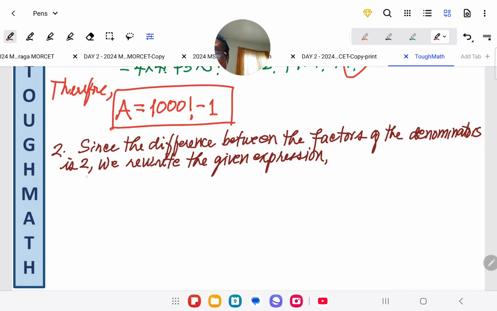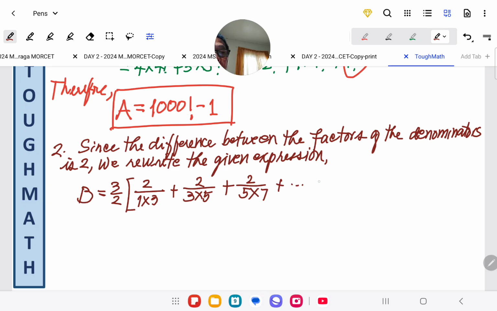And so we have it's equal to B times 3 halves, and then 2 over 1 times 3 plus 2 over 3 times 5 plus 2 over 5 times 7, and so on, plus 2 over 497 times 499.